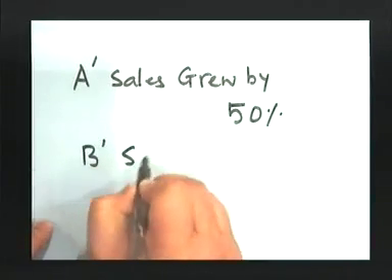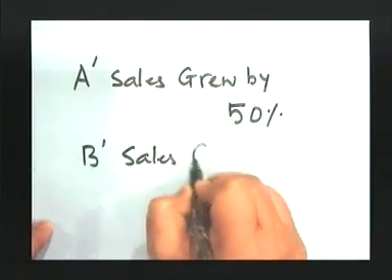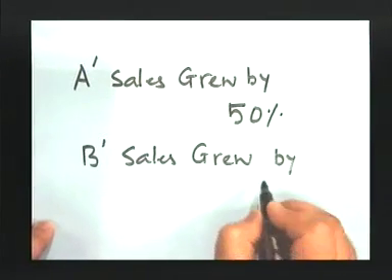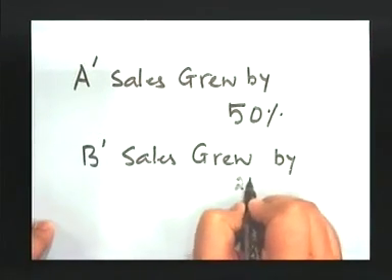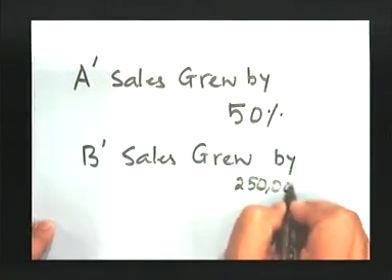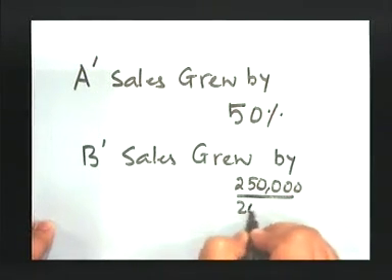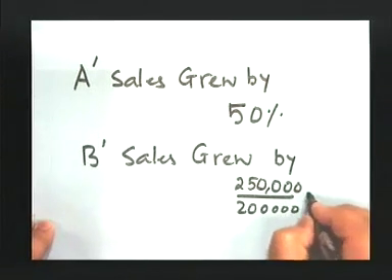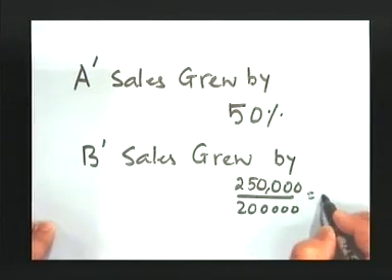B's sales grew by how much? It is basically 250,000 by 200,000. How much is it? 12.5%.